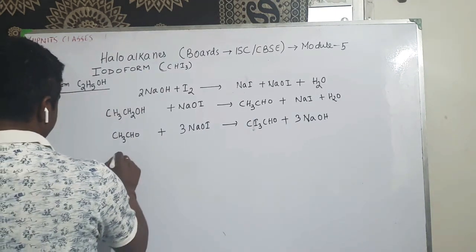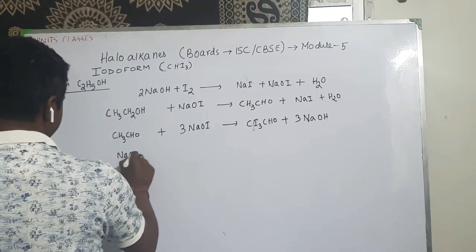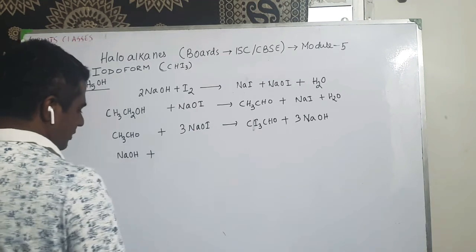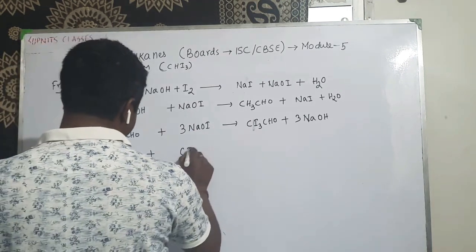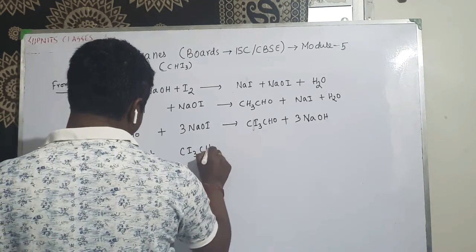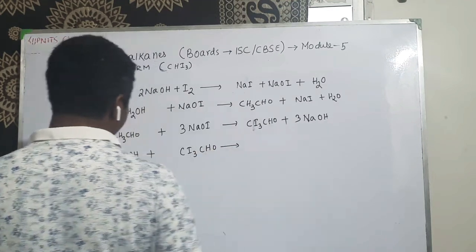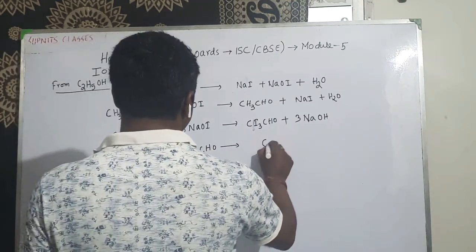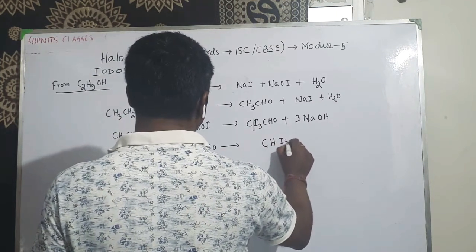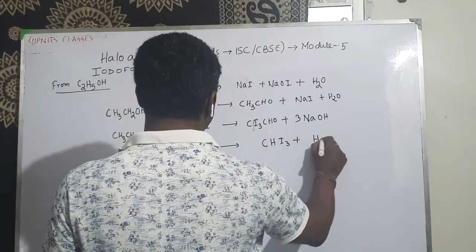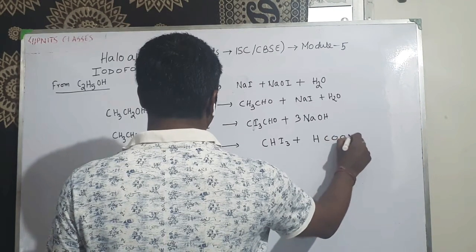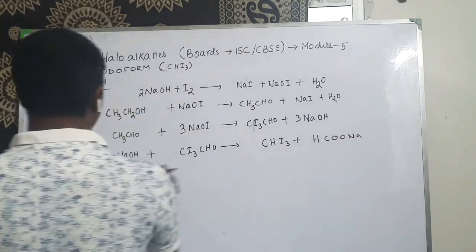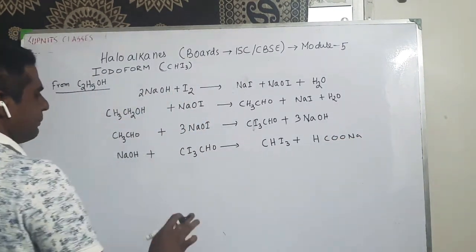Now NaOH reacts with I3CHO to give CHI3 plus HCOONa. This CHO combines with NaO. Okay, just a simple reaction, nothing else.